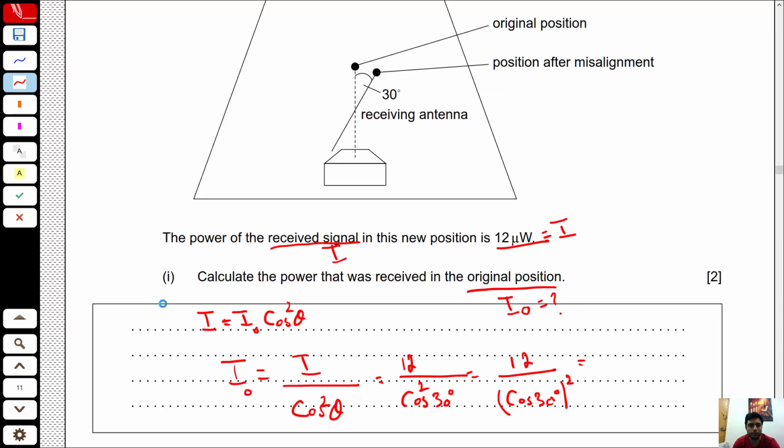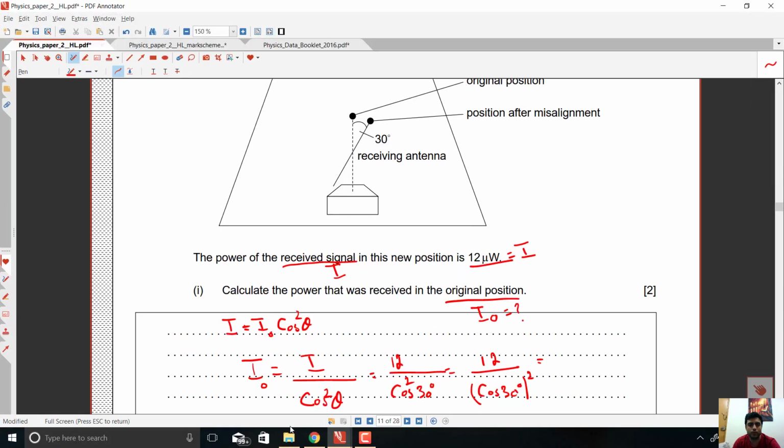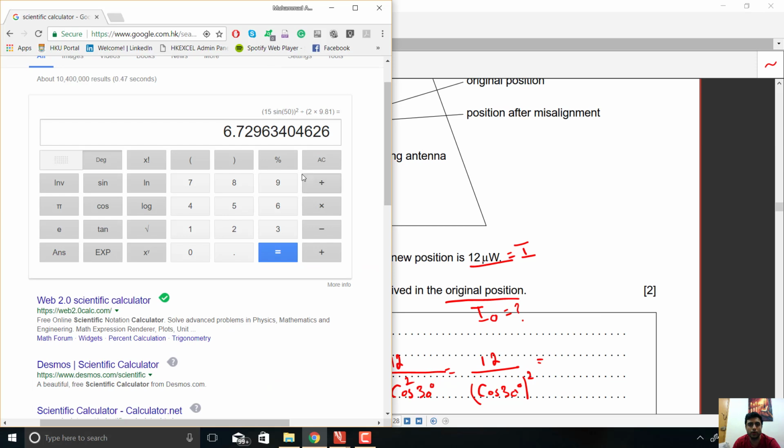Actually, let's do that on our calculator. So it's 12 divided by bracket open, cos of 30, close bracket, square.